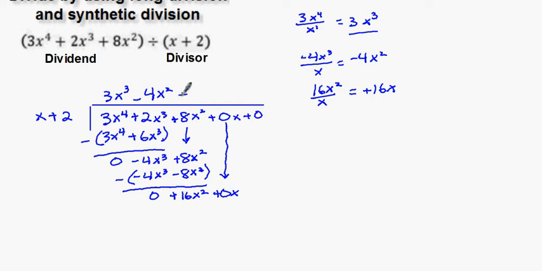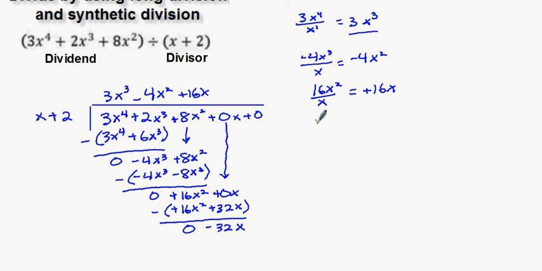So we put that right here, multiply the x by 16x, and we get a positive 16x squared, and 2 times 16x is a 32x, and we subtract both those terms from the terms immediately above. This is 0 again, and 0 minus the 32x is a negative 32x.